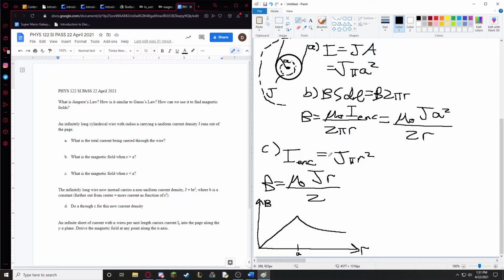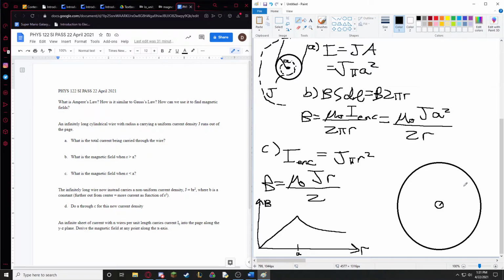We have our enclosed current, which is a function of R squared, and we divide it by our 2 pi R. So we have R squared on the top and R on the bottom, so it becomes a function of R, increasing as we go out. Because as we go further out the circle, let's say we go from 0 radius out to just here, we just get this tiny little increase in area.